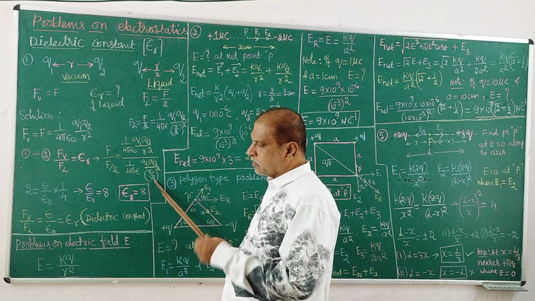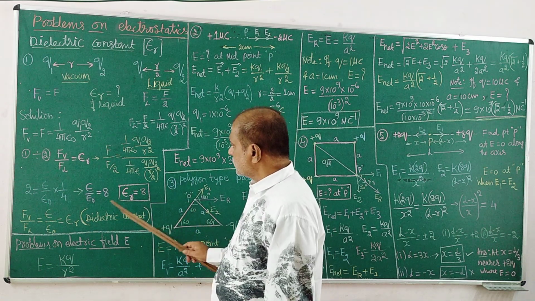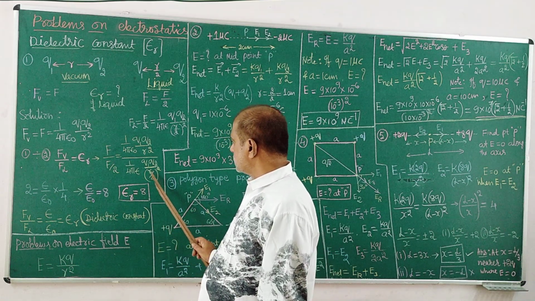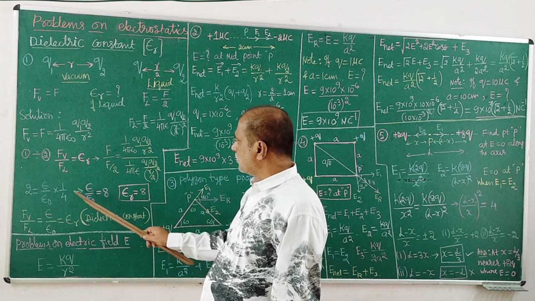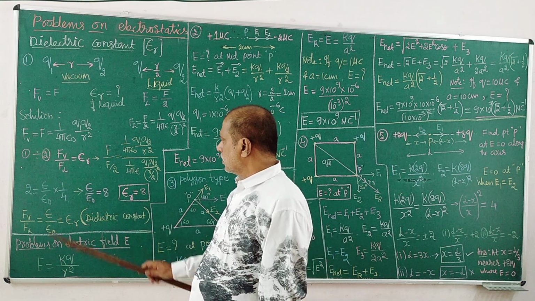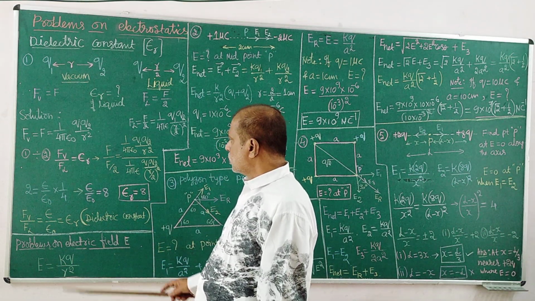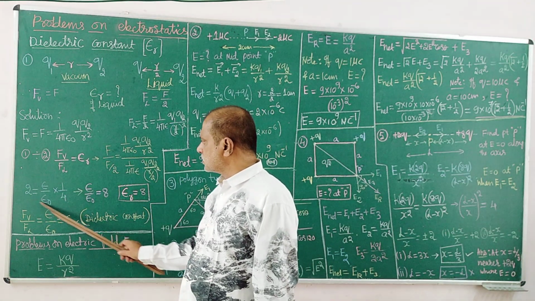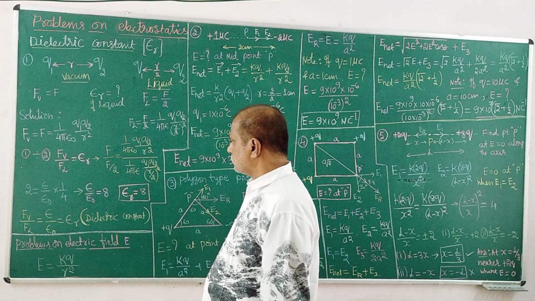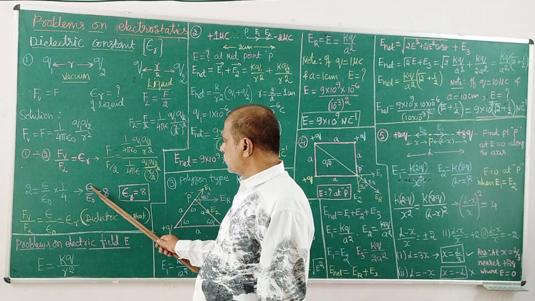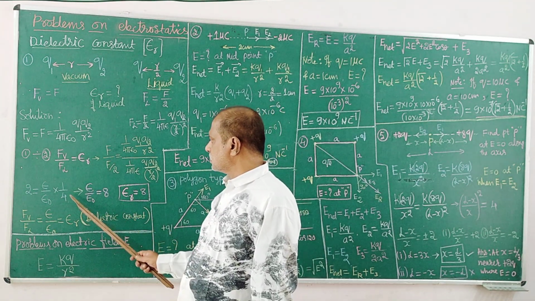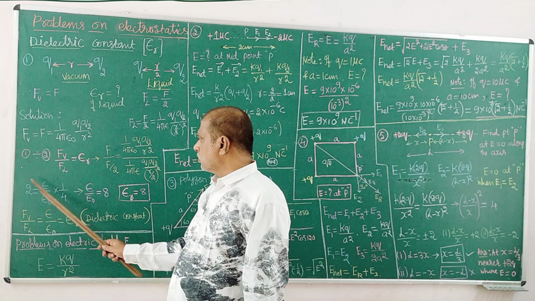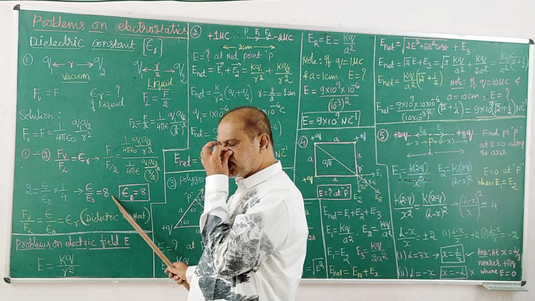Simplify, everything cancels. So epsilon by epsilon naught, cross multiply, 2 into 4 is 8.